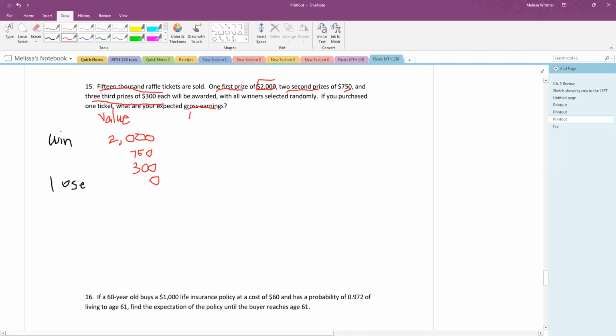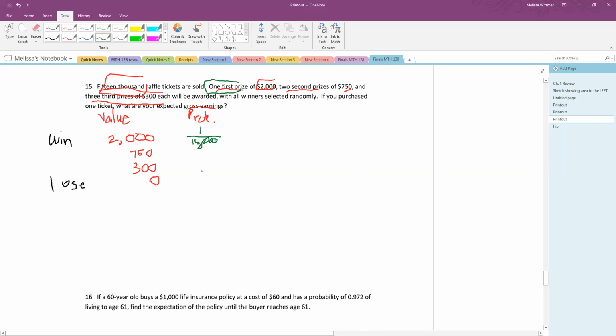Okay, now we set up our probabilities for each outcome. Now you need to look at the total tickets. This is going to be your denominator for each of these. So out of 15,000 tickets, how many tickets win the $2,000 prize? It says only one way to win.